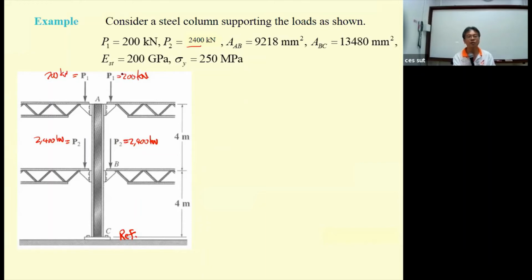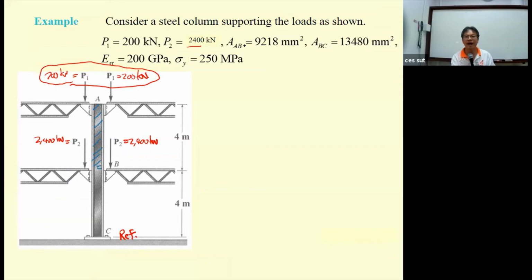Okay, this is the roof. The force on the roof may be smaller than the force in this area because the customer product may be put in this form. And then the AB is this one. Let me call this the column AB.